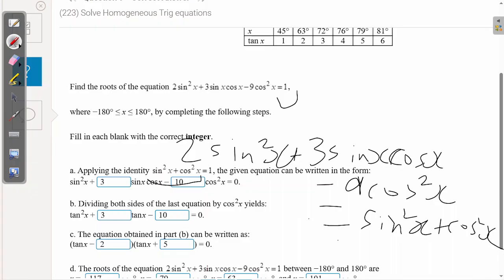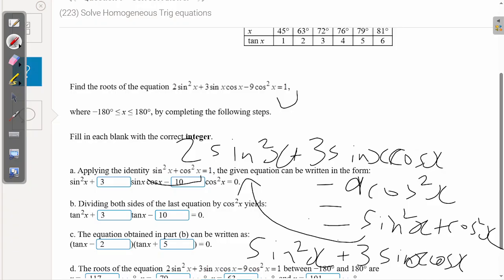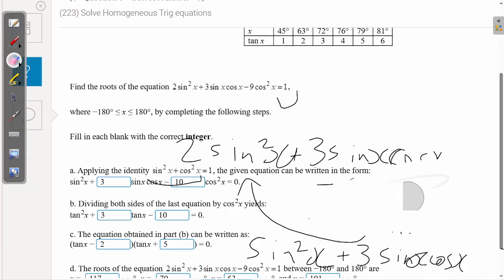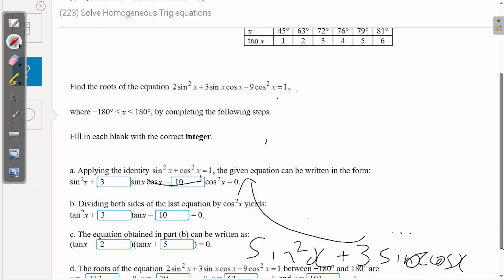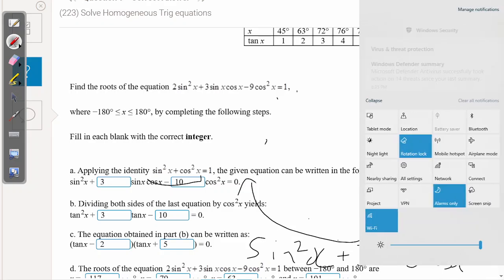Now you subtract on both sides, so you get sine squared x plus 3 sine x cosine x, then minus 9 minus 1 becomes minus 10 cosine squared x.